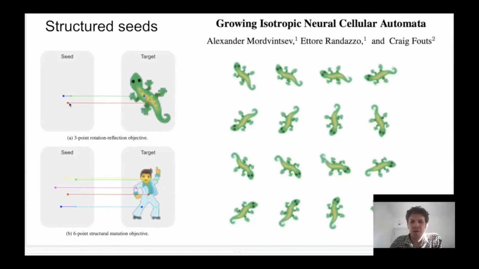We use at least three differently colored points as a starting configuration for the pattern development. And the relative orientation of these points pinpoints the orientation and reflection of the target pattern, so CA can build it in a specific orientation.